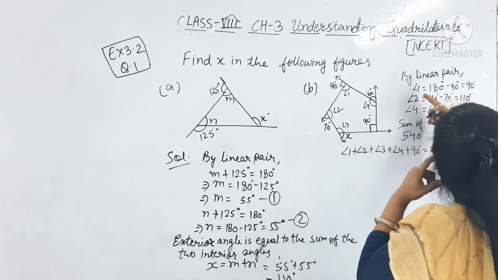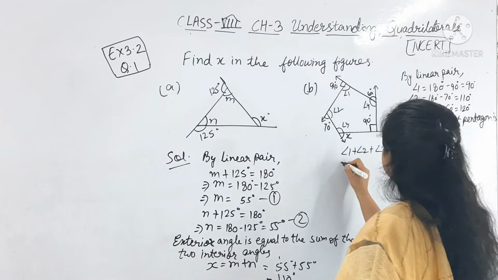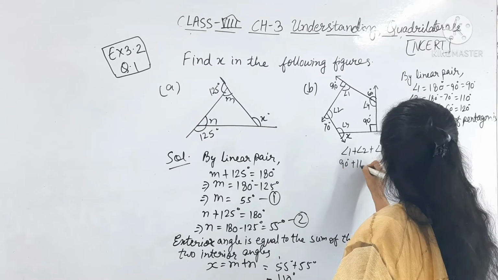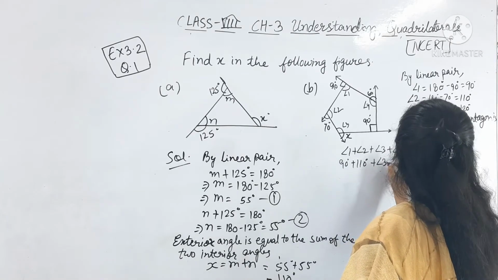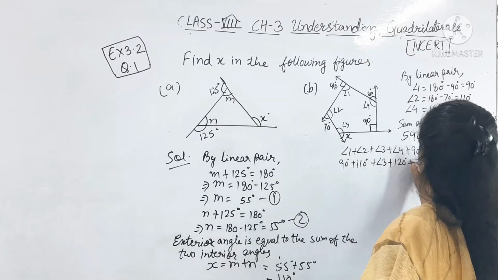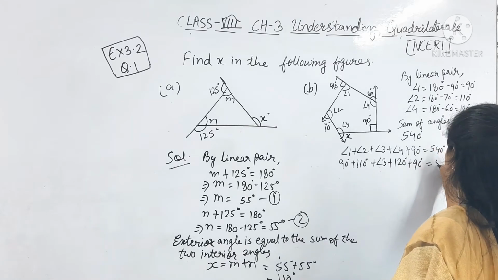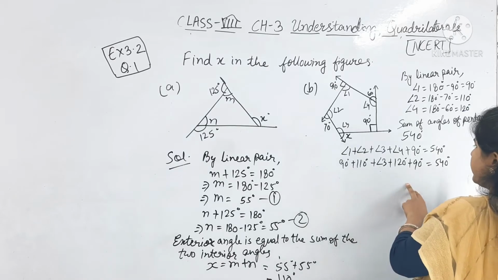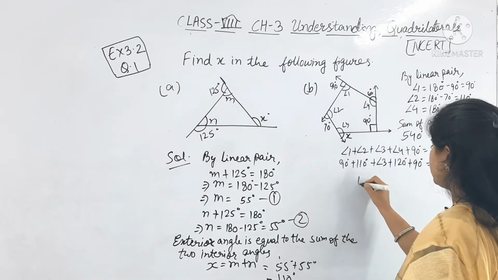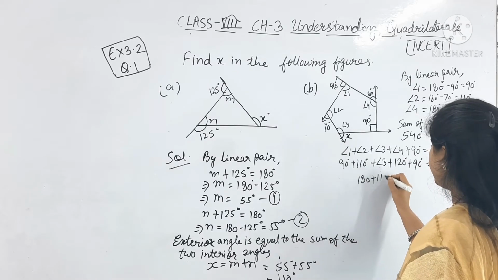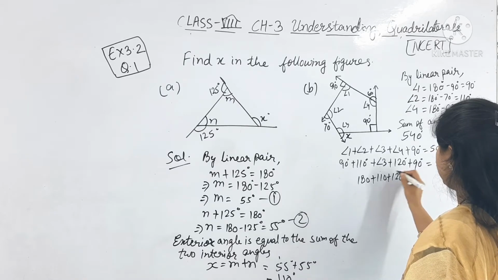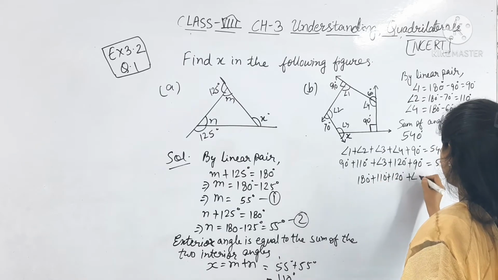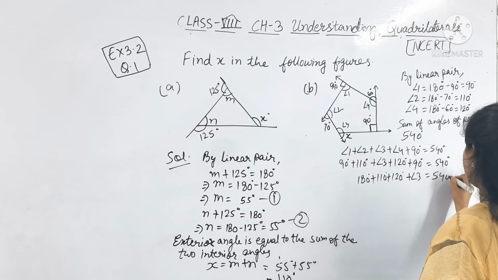We know angle 1 is 90 degree, plus 110 degree, plus angle 3, plus 120 degree plus 90 degree equal to 540 degree. We have to sum this up. 90 plus 90 is 180 degree. So 180 plus 110 plus 120 plus angle 3 equal to 540 degree.